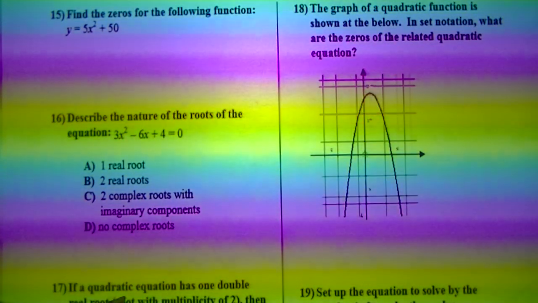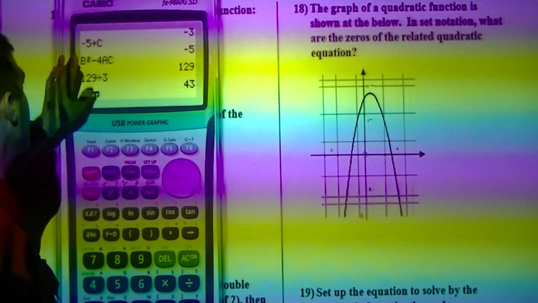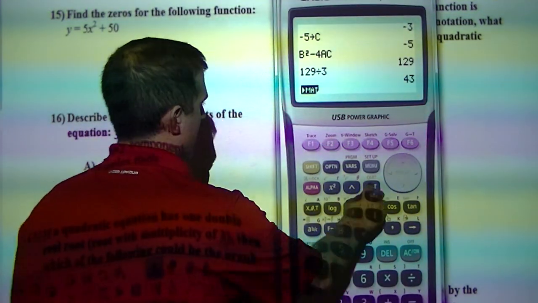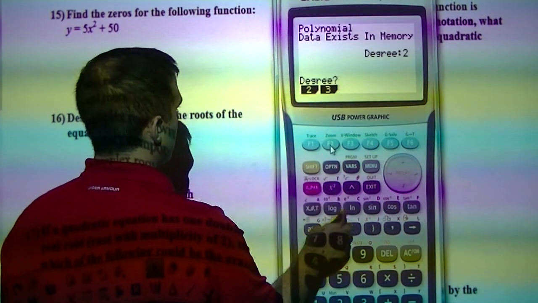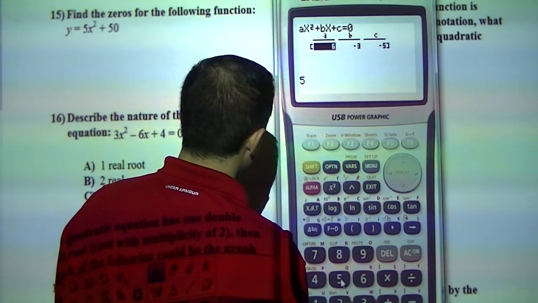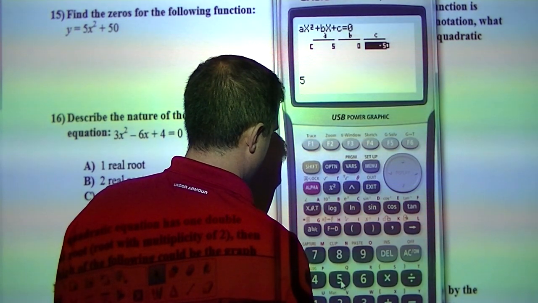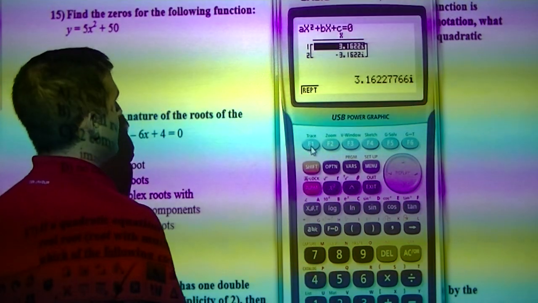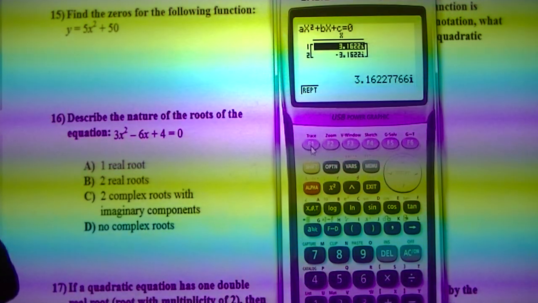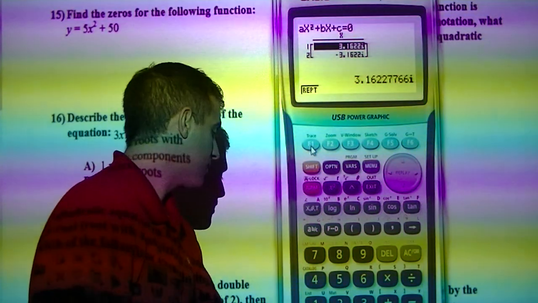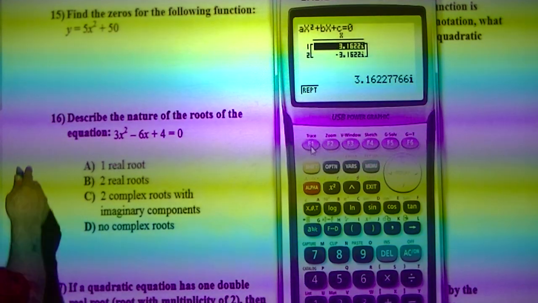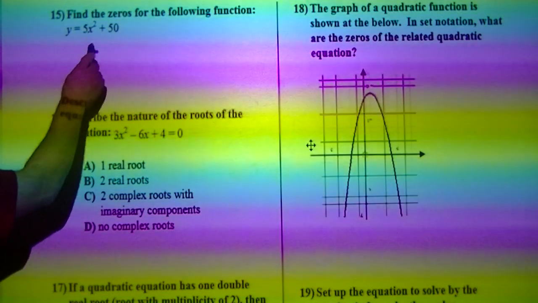15, find the zeros for the following function. Okay, all right, you can go into here, menu, equa, all right, polynomial, degree 2. I got 5, don't have a middle term, got 50. Okay, so what I have there is I don't have a real 0, okay? So what I'm going to have to do there, I would do solve by square roots.